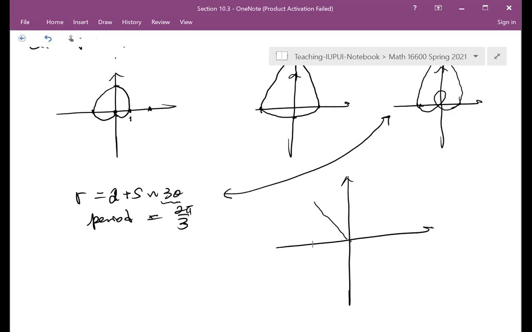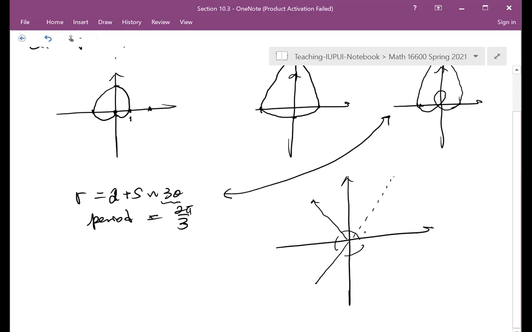Another one is 4 pi over 3. So you're going to have a complete picture here, then repeat it here, and repeat it there. All I have to do is draw the picture inside this, with the middle line in the middle. What we did here is just compress this graph to put it into here.